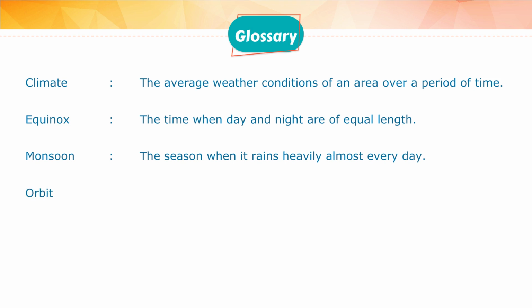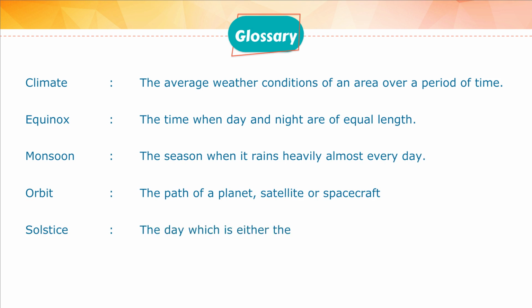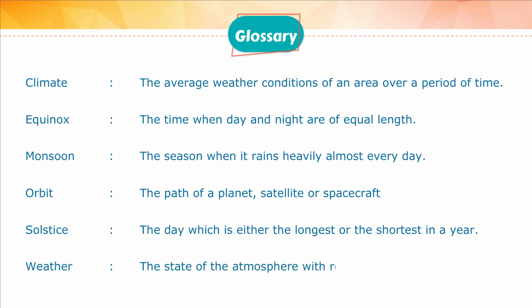Orbit. The path of a planet, satellite or spacecraft. Solstice. The day which is either the longest or the shortest in a year. Weather. The state of the atmosphere with reference to temperature, rain, wind, and so on over a short period of time.